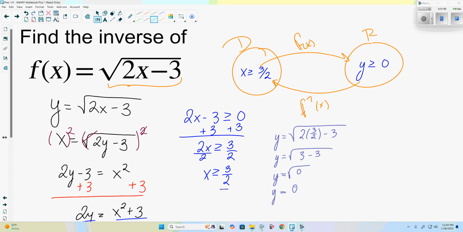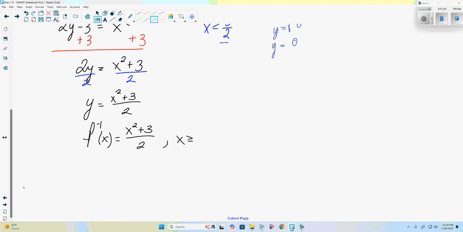Now, the reason I point this out is because our inverse function that we had, its x values are now greater than or equal to 0, and its range values are greater than or equal to 3/2. So all that means for us down here at the bottom is that for our inverse, the x values have to be greater than or equal to 0.